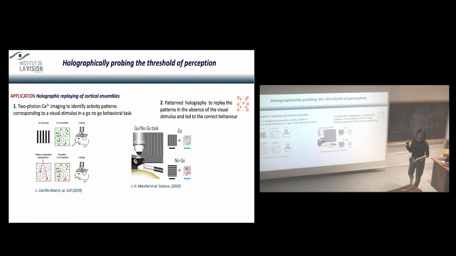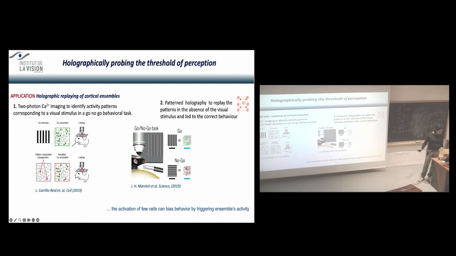This was a really spectacular result that came out last year. And so the proof was that indeed the activation of very few cells is enough to trigger the activity of this cell assembly.